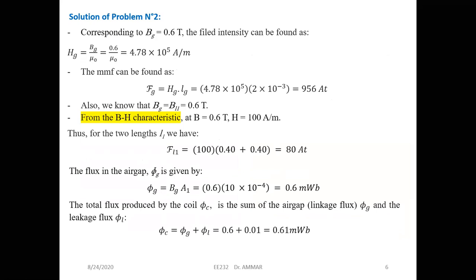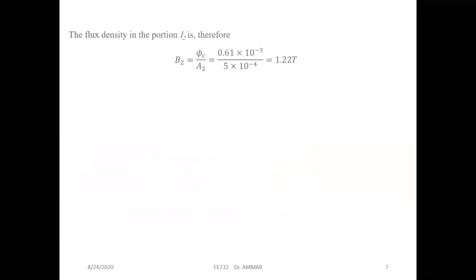So we said that the total flux produced by the coil is the sum of the air gap flux plus the leakage flux. Now here we are talking about this point in L2.